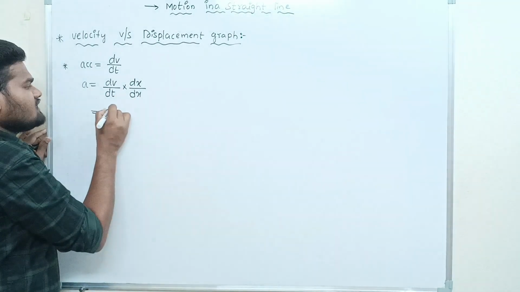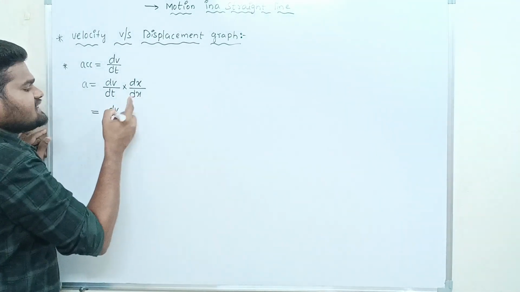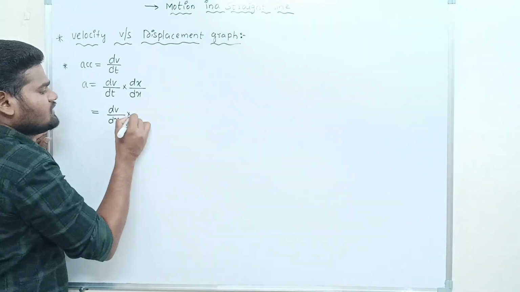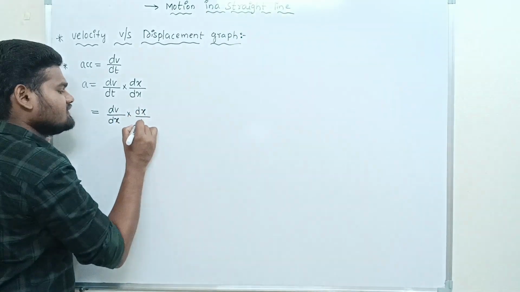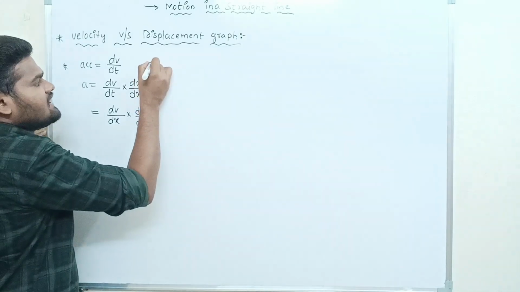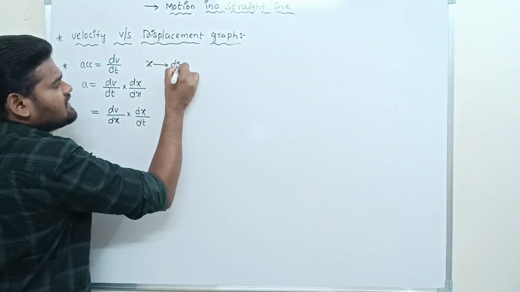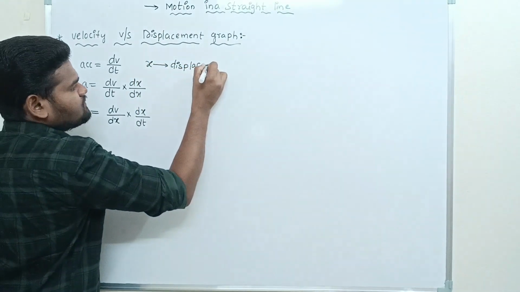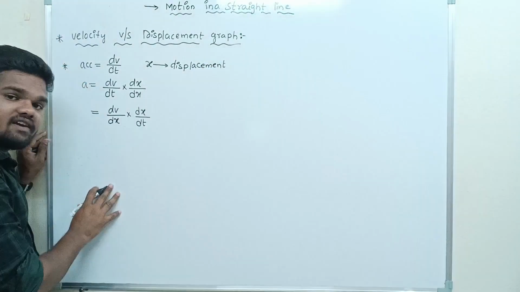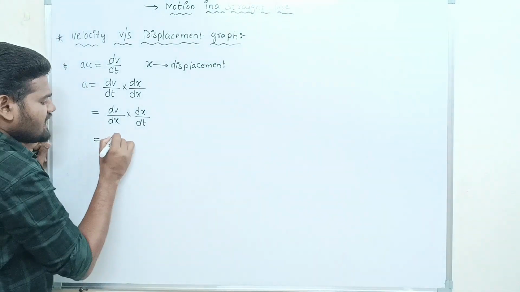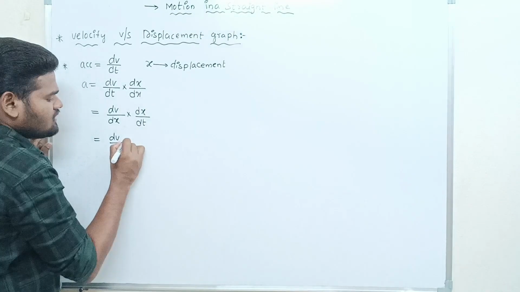So dv by dx into dx by dt, where x is nothing but displacement. Are you getting? So dv by dx into, what is this?